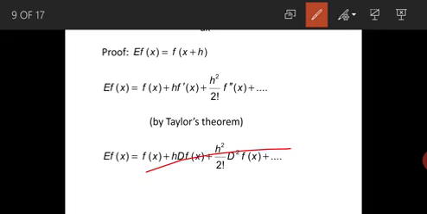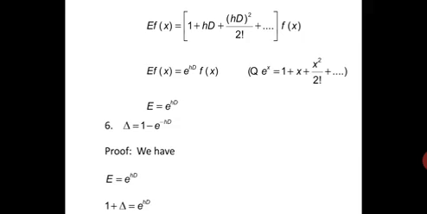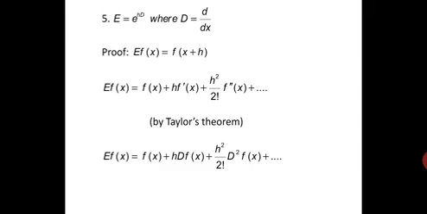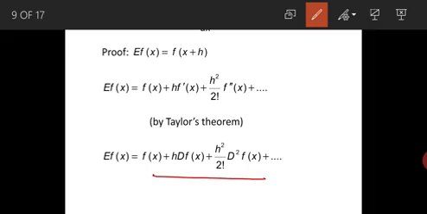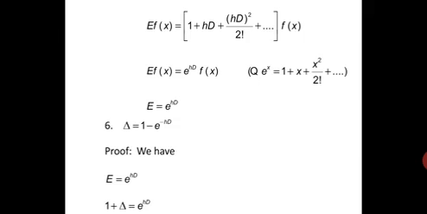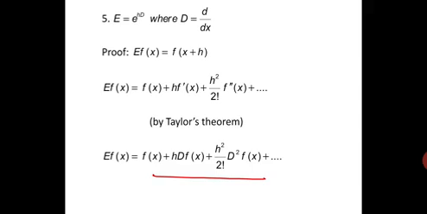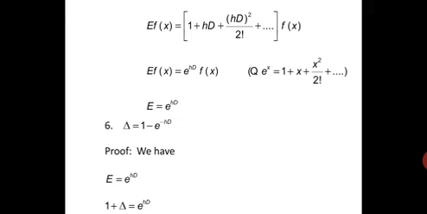Now in this part, you can see f of x plus h into D of f of x plus h square by 2 factorial D square of f of x. In this whole part, I am taking f of x outside. If you take it, then what is left out will be 1 plus h into D plus h square D square. You can see it here. What is left, we have written here.